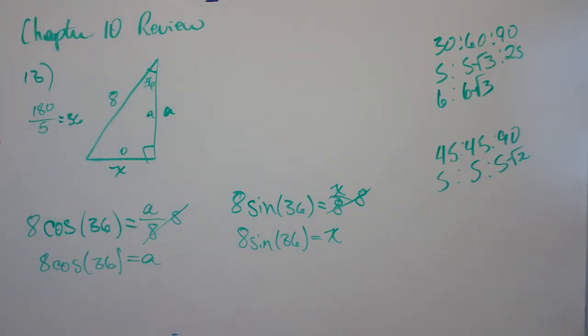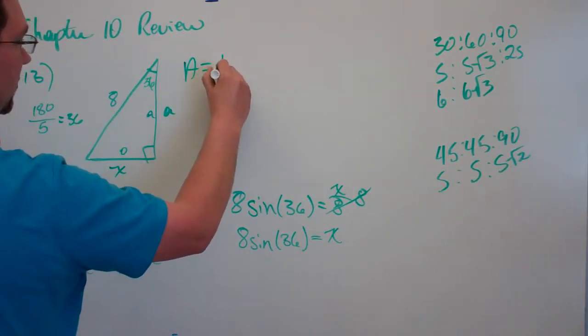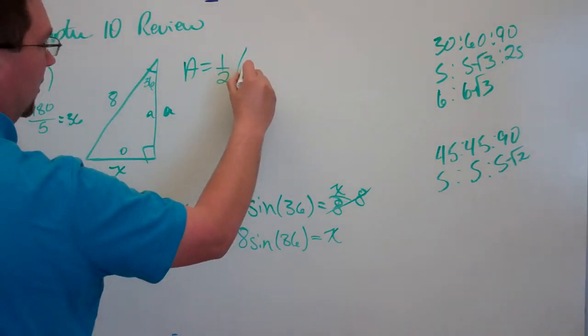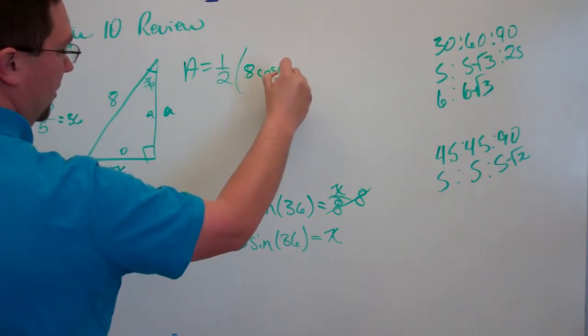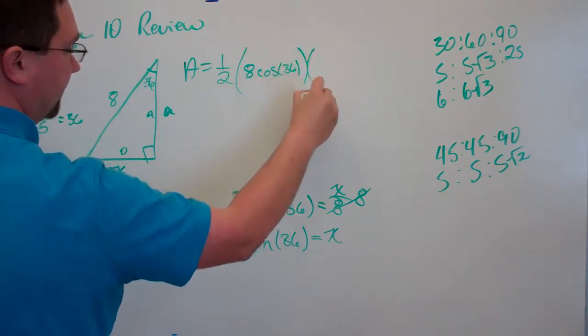Alright? Now, let's not round our numbers. So let's keep these numbers in this form until we're ready to type the whole thing in the calculator, okay? So, 1/2 A equals 1/2 our apothem, 8 times the cosine of 36.